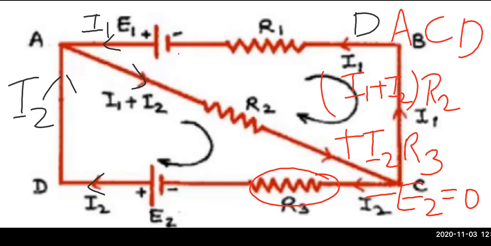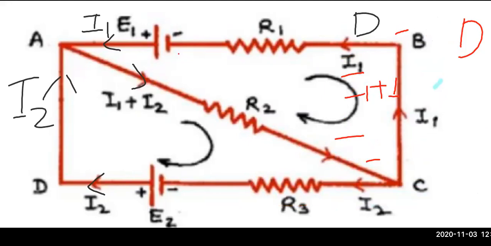First equation from the first loop, second equation from the second loop. We can solve them by the elimination method and get the values of the EMFs E1, E2. This is very simple. Try to solve some numericals based on this.